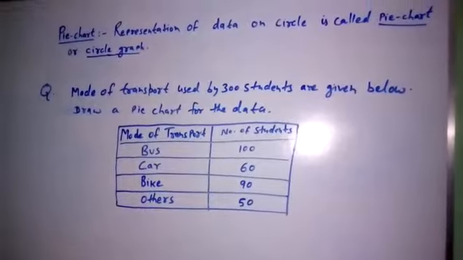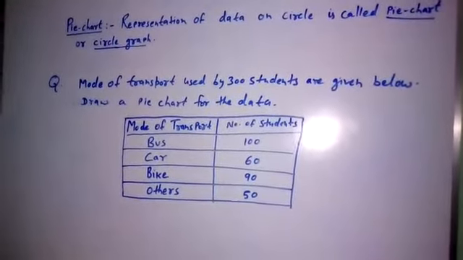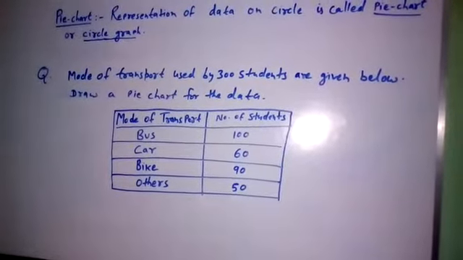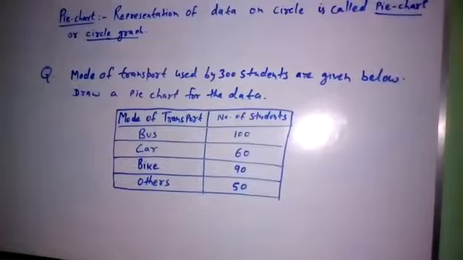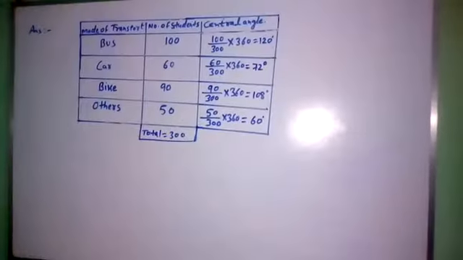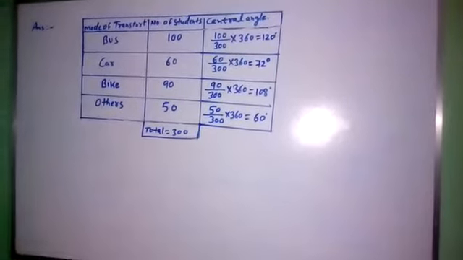Let us see. For this, first we form a table to find the central angle of the data. So first of all we draw a table like this.